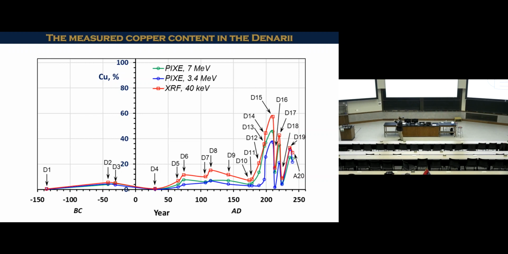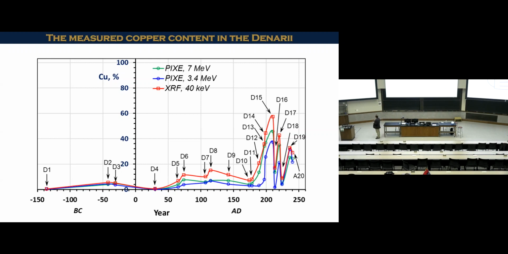And by tuning the energy of the proton beams, we can probe shallower layers of the object. And by doing so, we can get an idea if the surface has a different composition from a little bit farther away, what the composition is. And the results are plotted here.